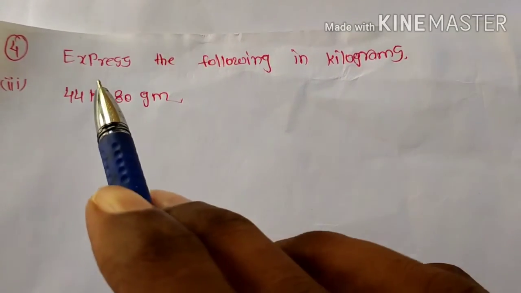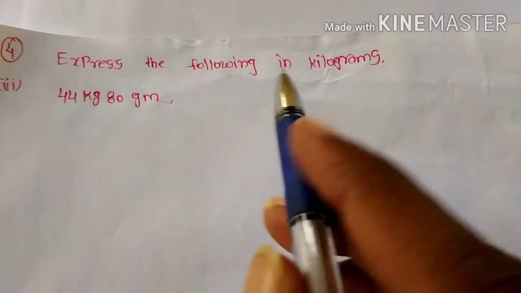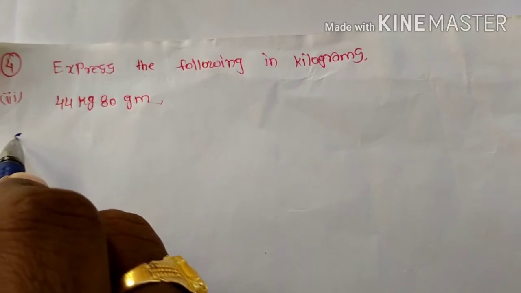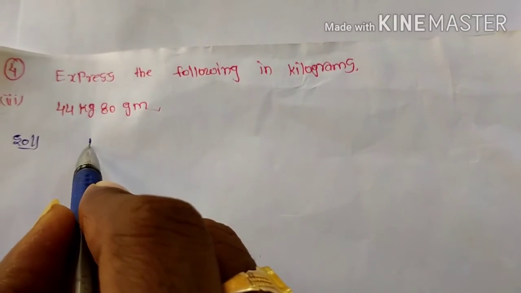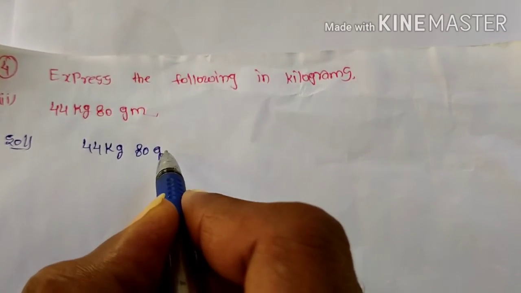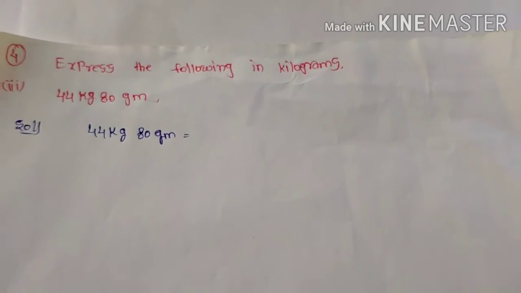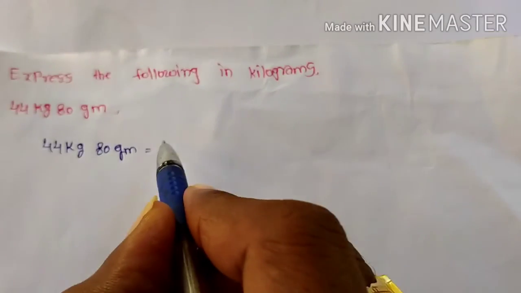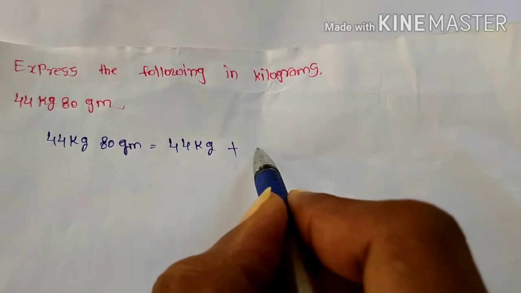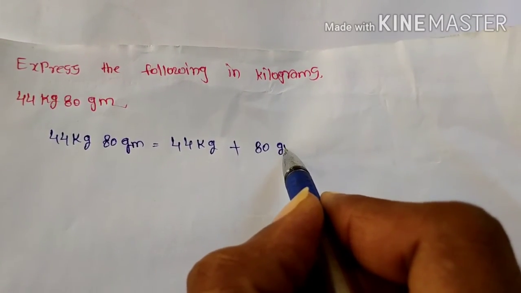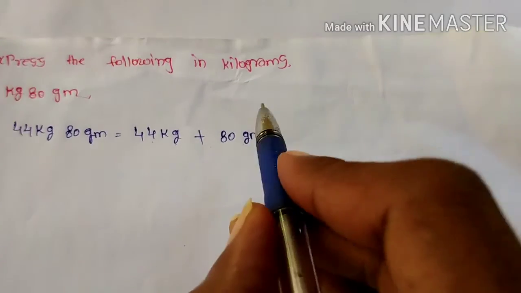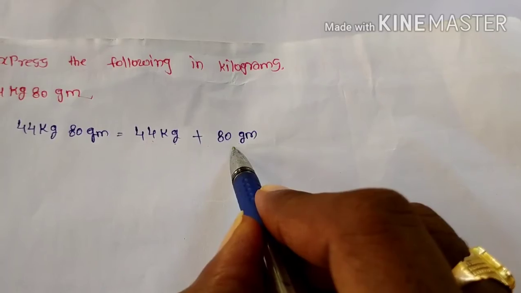Now you can see here, express the following in kilograms: 44 kilograms 80 grams. 44 kilograms 80 grams can be written as 44 kg plus 80 grams. But you know what the relationship is between grams and kilograms?